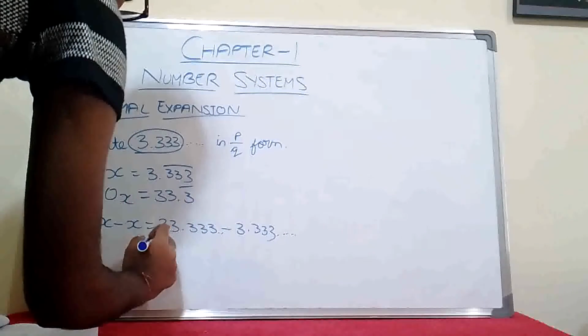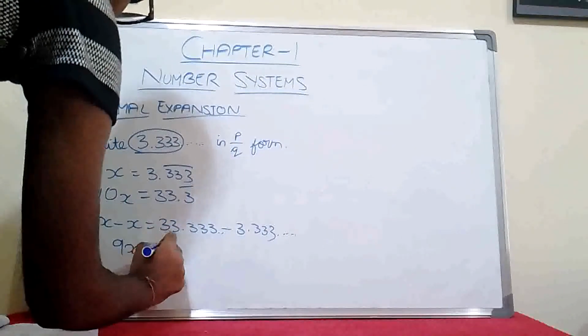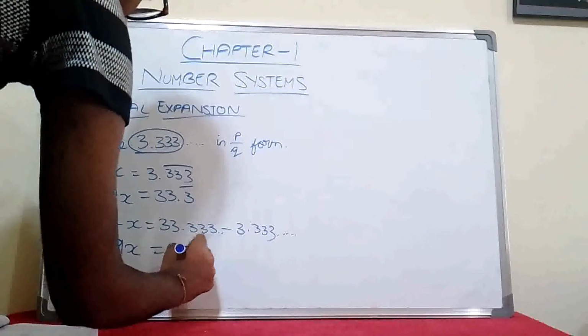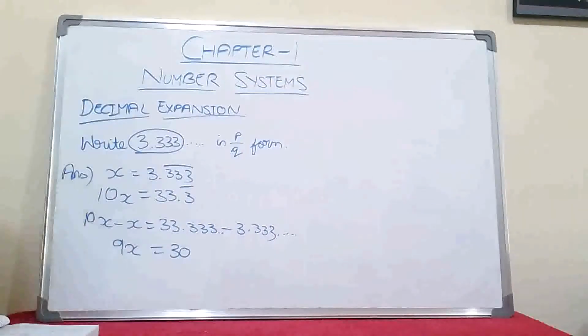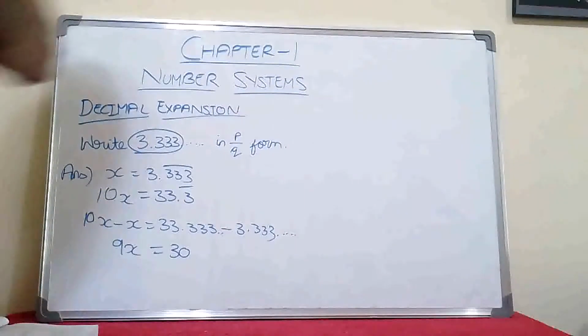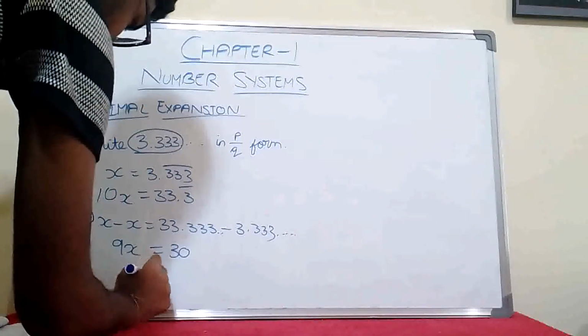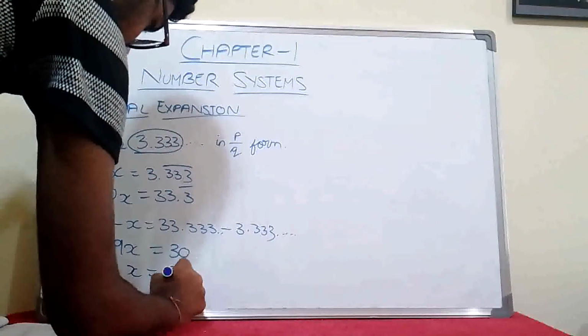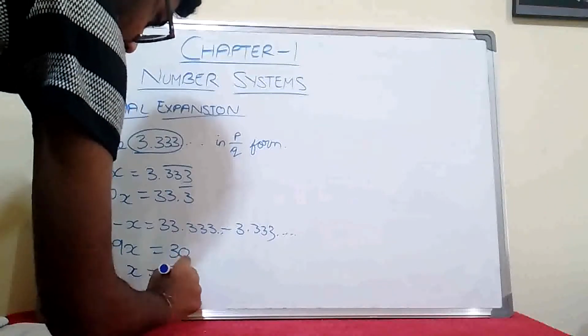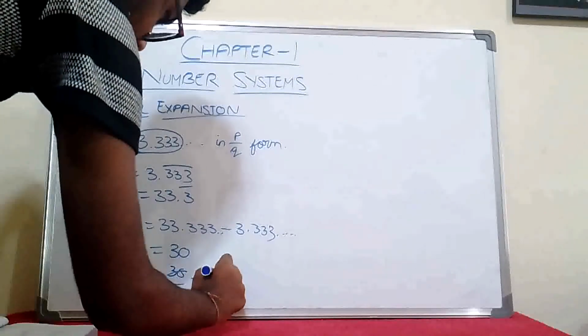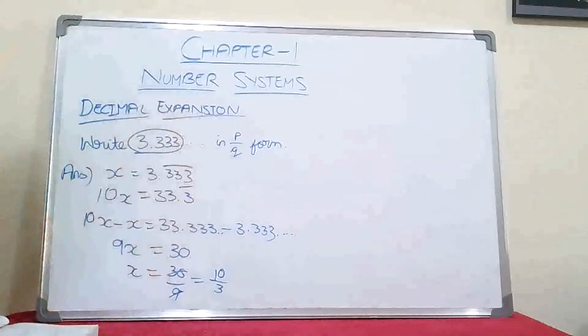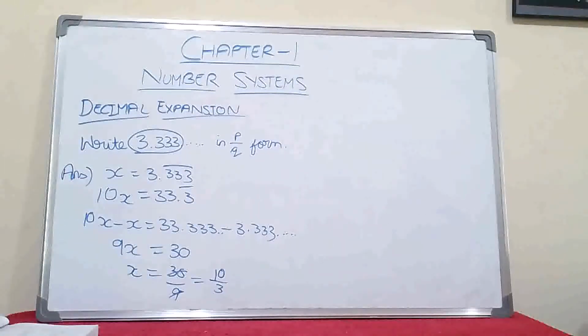That means 9x equals 30. Now we take 9 to the other side, so it becomes x equals 30 divided by 9. When we simplify, it becomes 10 by 3, which is the P by Q form of 3.3 bar. So this is how we convert.